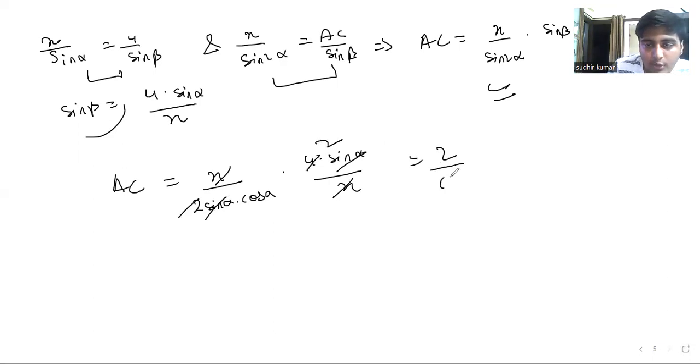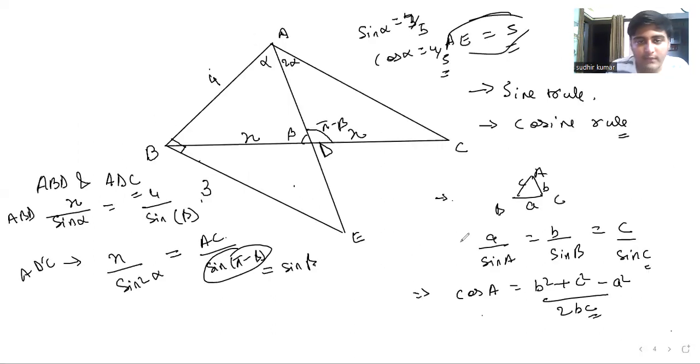We get 2 upon cos alpha, which is equal to 2 upon 4 upon 5, which is equal to 5 upon 2. So now we have AC is equal to 5 by 2.